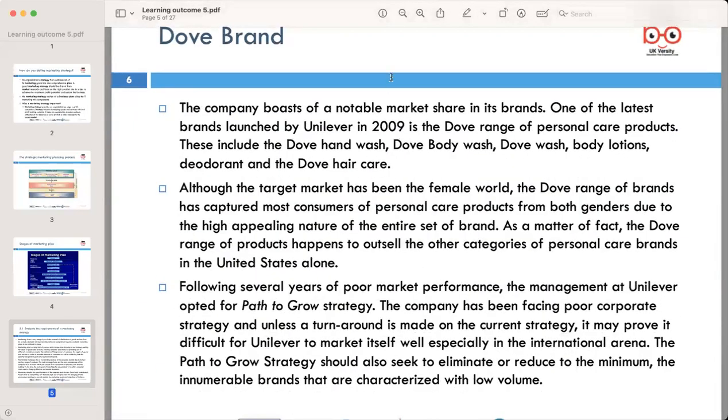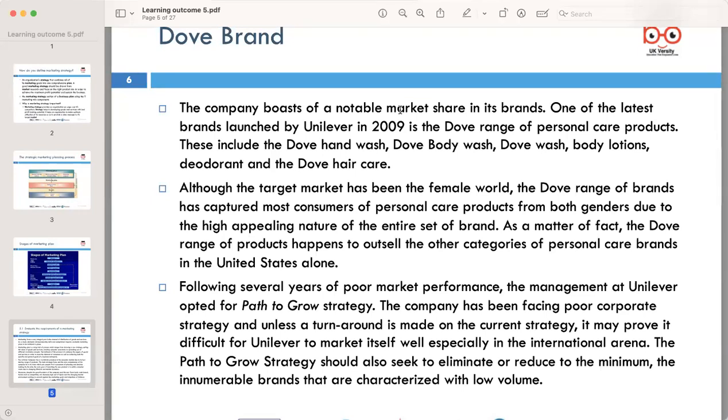Okay, guys. So, the Dove brand. Unilever has a significant market share in its brand offering. In 2009, the company introduced the Dove range of personal care products, including Dove hand wash, Dove body wash, lotions, deodorants, and Dove hair care.